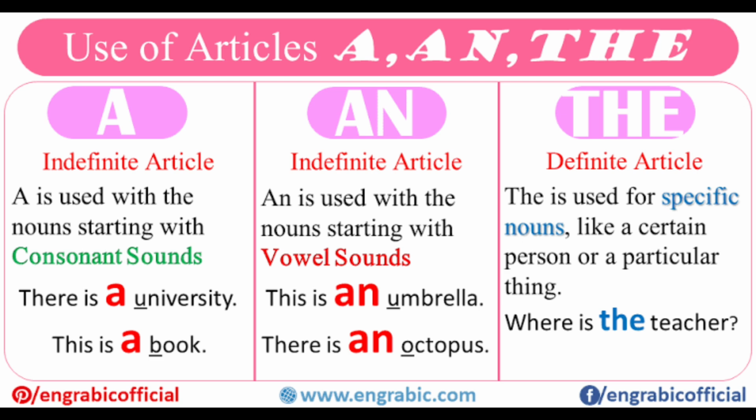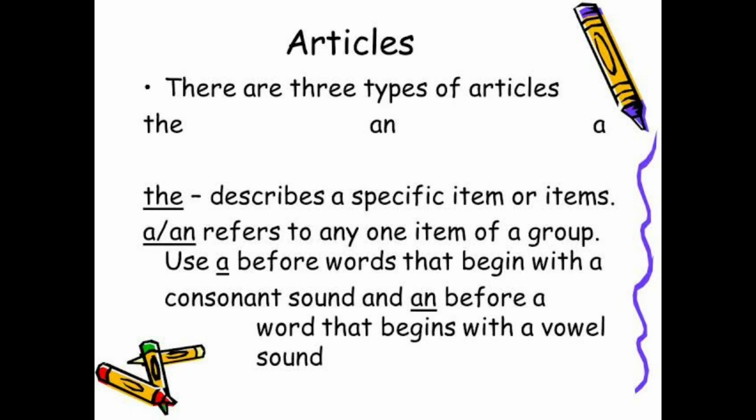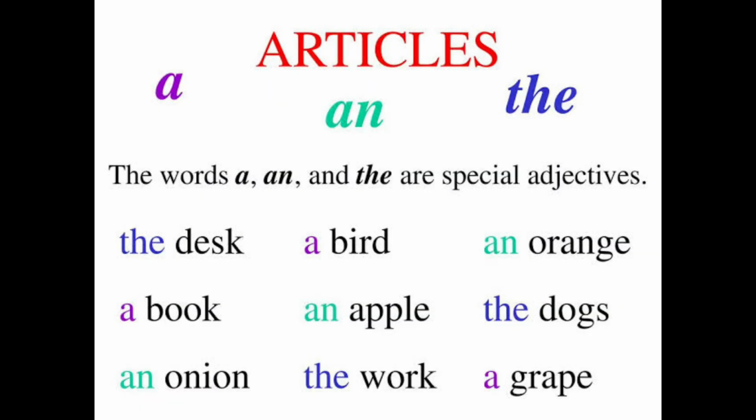Special cases with article adjectives. 1. No article, zero article. Sometimes, no article is used before uncountable or plural nouns when speaking generally. Example. I love books.